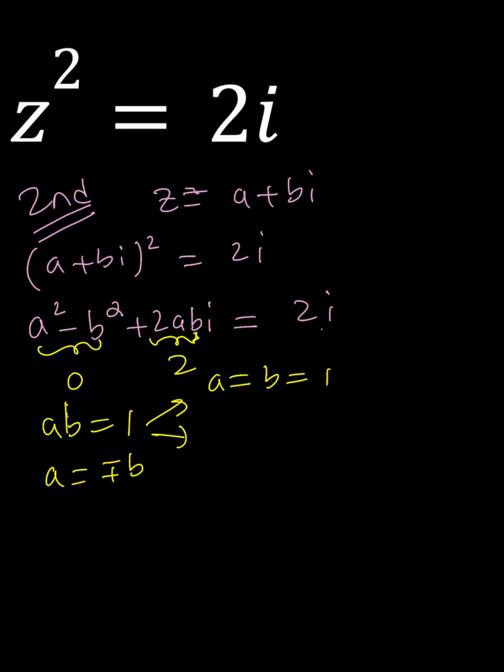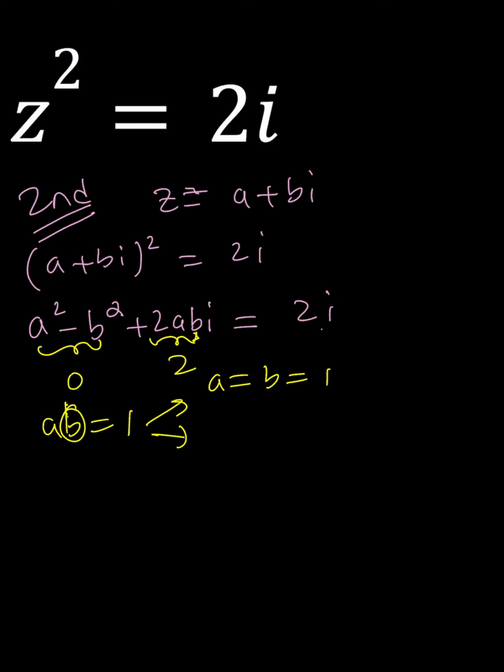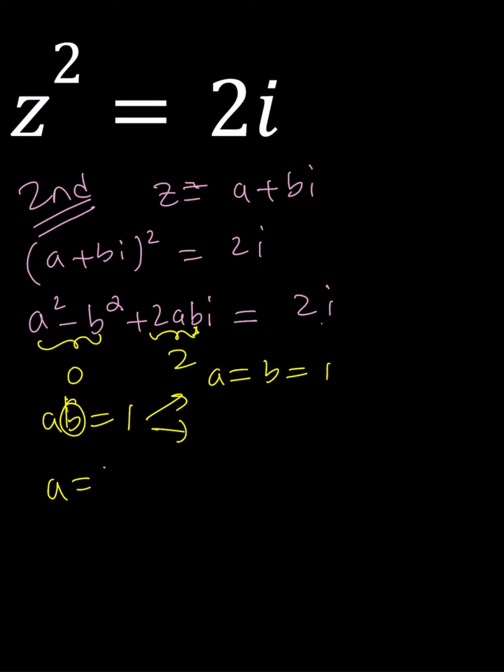Or if a is the opposite of b, then what are we getting from here? Actually it's impossible for a to be negative b, because if b is equal to negative a, and you plug it in here, you're going to get negative a squared equals 1, or a squared equals -1. But that's impossible because a is a real number. Remember that all the time. So what we have to do from here is only take a equals b as our valid solution.